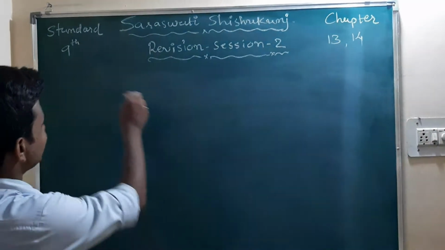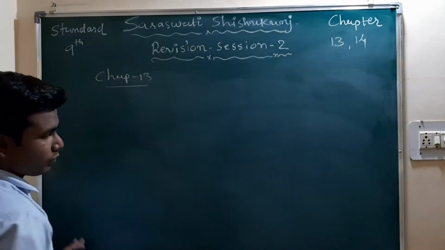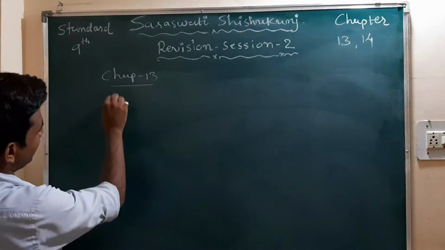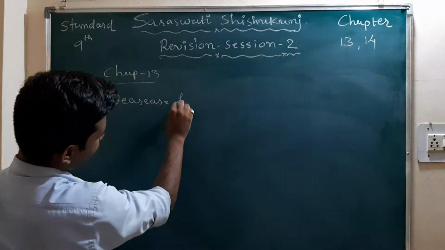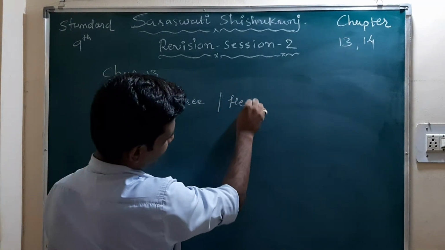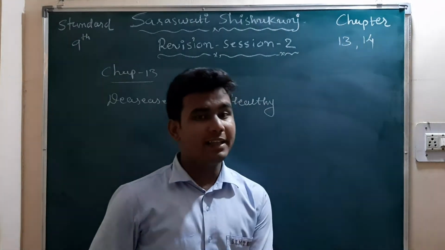Now let's discuss chapter number 30, why do we fall ill. In this chapter we have discussed the concept of disease free and healthy person. What is called a healthy person?